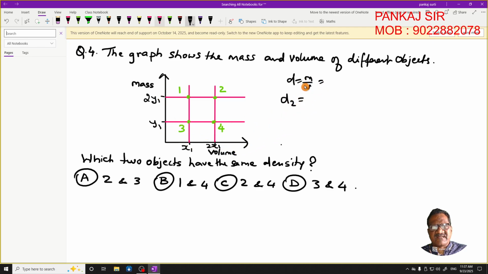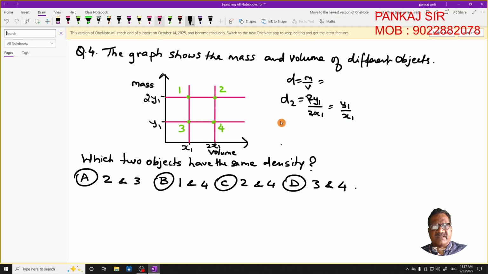So for D2, the density of the second object, what will be the mass? You go on the y-axis, so it will be 2 times y1, divided by volume. You come down over here, volume will be 2 times x1. So 2 gets cancelled and the density of object number 2 will be y1 upon x1.